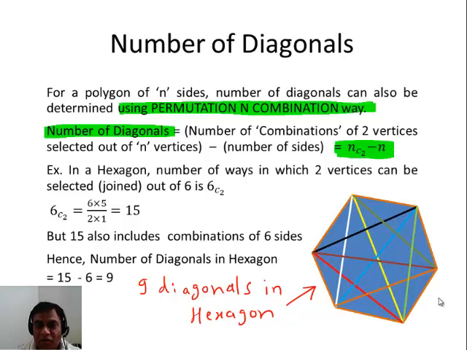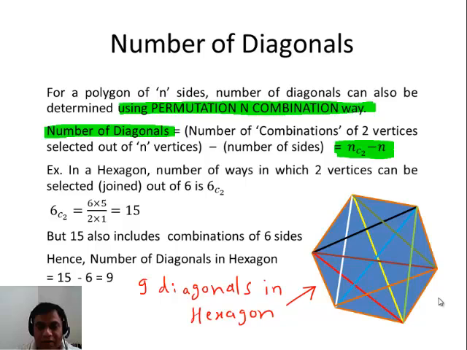In fact, sides can also be formed by selecting any 2 vertices. So the number of diagonals will be the number of all possible combinations of 2 vertices selected out of n vertices minus the number of sides. So, if n is the number of sides or vertices, then it will be nC2 minus n, where n is the number of sides.